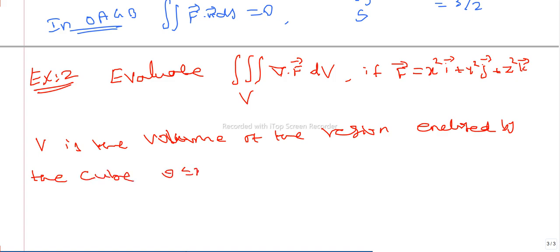X varies from 0 to 1, y also varies from 0 to 1, z also varies from 0 to 1.